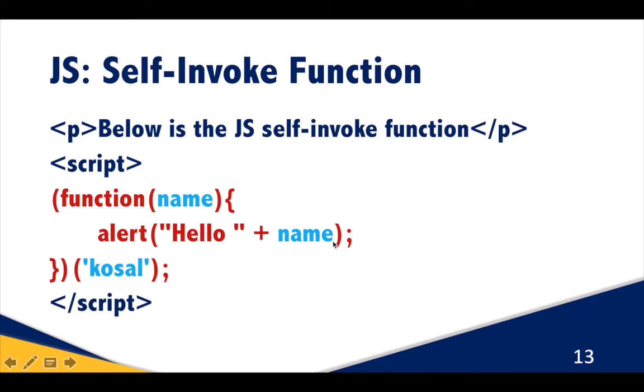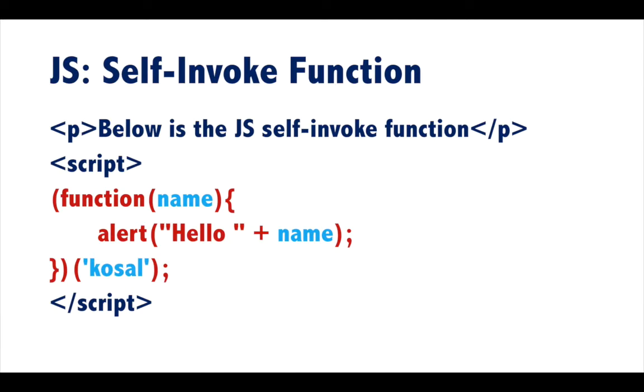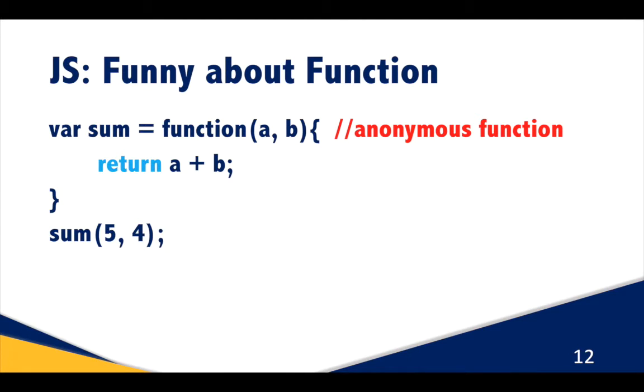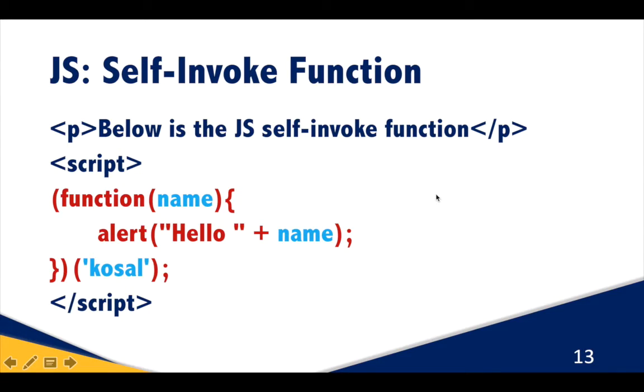Okay, so you will see this a lot in the future if you want to work with JavaScript. So remember, these two things are very unique in JavaScript: the anonymous function and the self-invoking function. Okay.